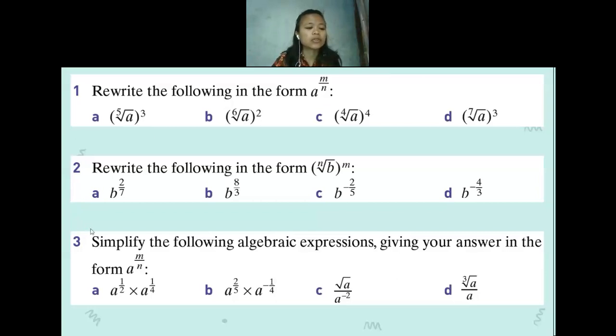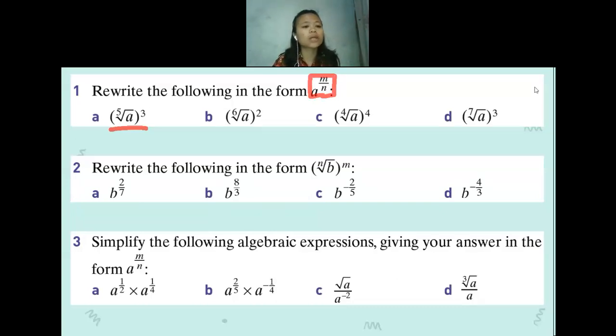So now we have the fifth root of a to the power of 3. As you know, in the fractional indices, the m in here will be the power, and the n will be taken from the root.